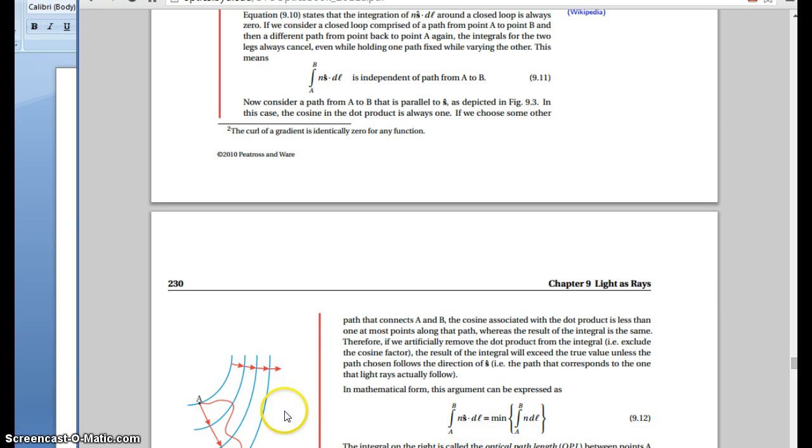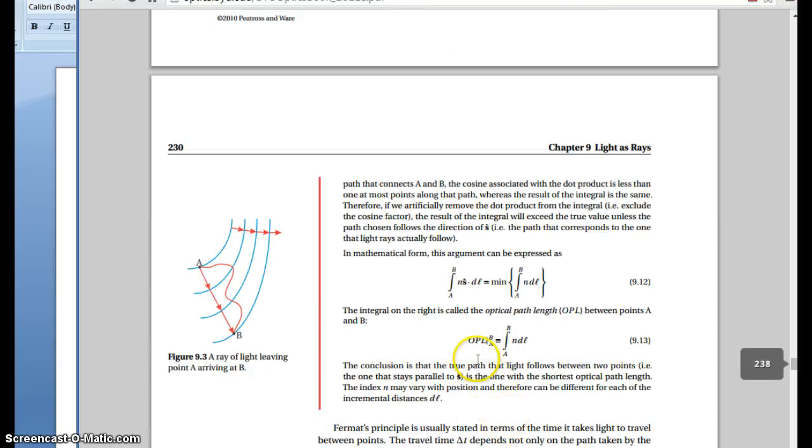So clearly we are trying to see which will have the least amount of curl over time. So that is optical path length, which is the path integral of n dot dl from point A to say point B.